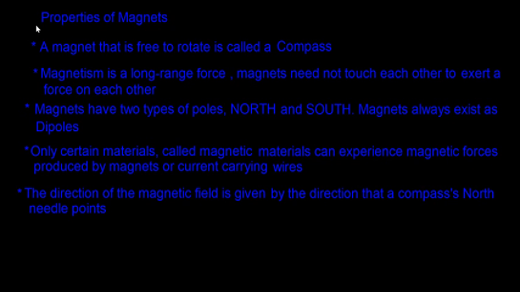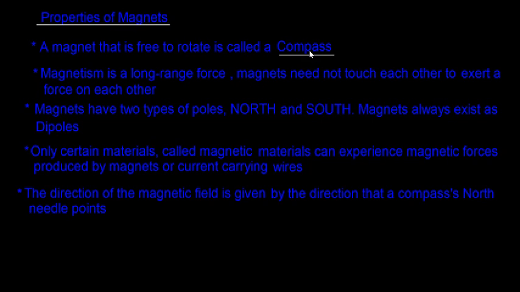Now we will talk about some common properties of magnets. Well, first we'll define what a compass is. A compass is a device which consists of a freely suspended small magnet.